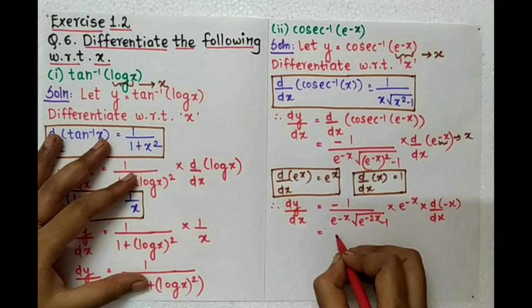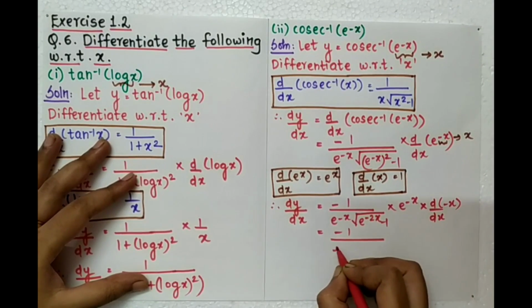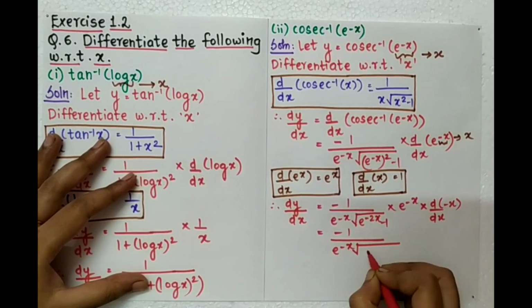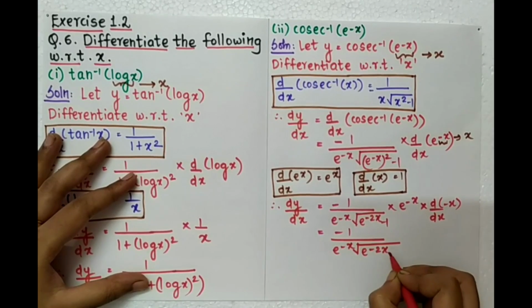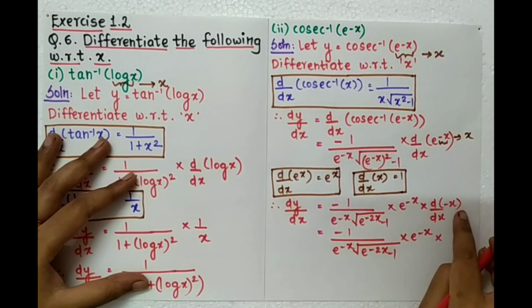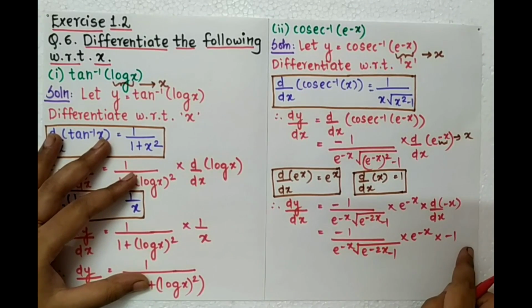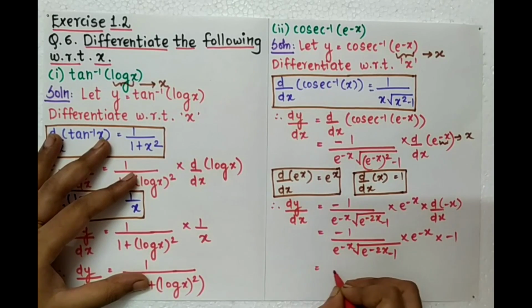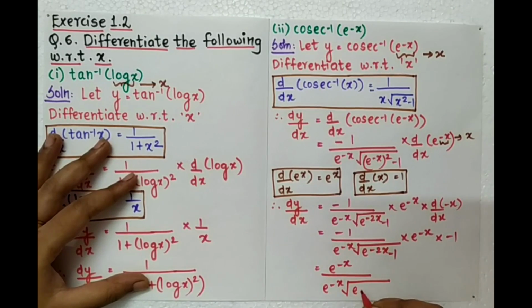So this is equal to minus 1 upon e power minus x root of e power minus 2x minus 1 into e power minus x into derivative of x is 1. So minus 1 into 1 is minus 1. So minus minus gets cancelled. So we are left with e power minus x upon e power minus x root of e power 2x minus 1.